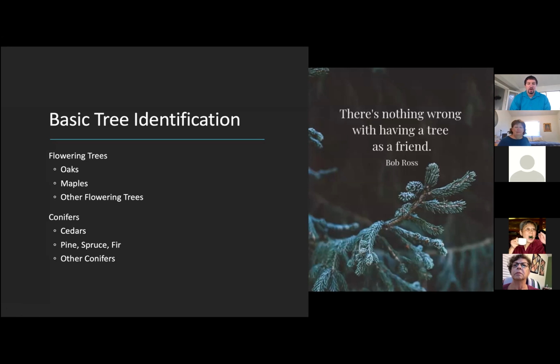So that would be oaks, maples, beeches, birches, hickory trees, all those sorts of things, crabapple trees, and then conifers, cedars, pine, spruce, firs, and then there are some other things that also produce needles, things like tamaracks and cypress and things like that. But for the most part, that's kind of how things are split up when you're looking at it from a scientific perspective, and that kind of helps when you're moving through some of the other things.